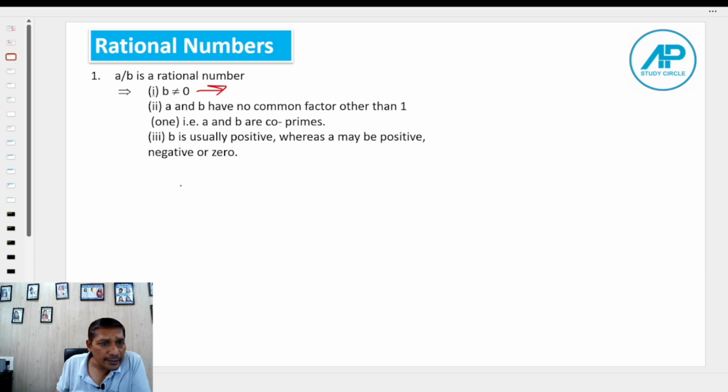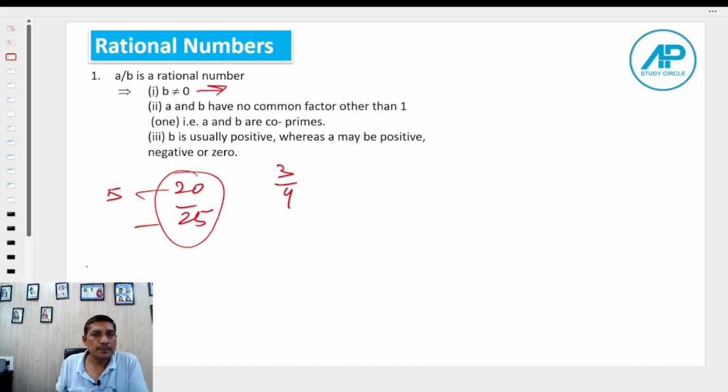Another point now, so I write 20 upon 25. I write 3 upon 4. 20 over 25, we got a 5 as common number.